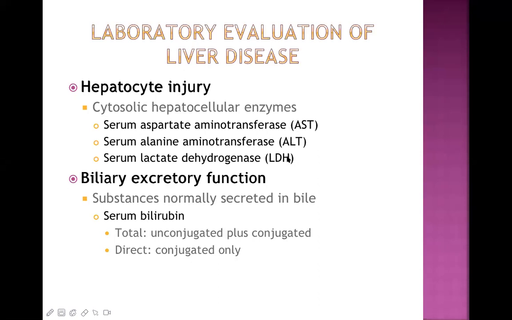These liver enzymes show whether the liver cell or hepatocyte is injured or not. So these are AST, ALT, and LDH. These are the common ones. These are also known as cytosolic hepatocellular enzymes because they are present inside the cytoplasm of the hepatocyte.